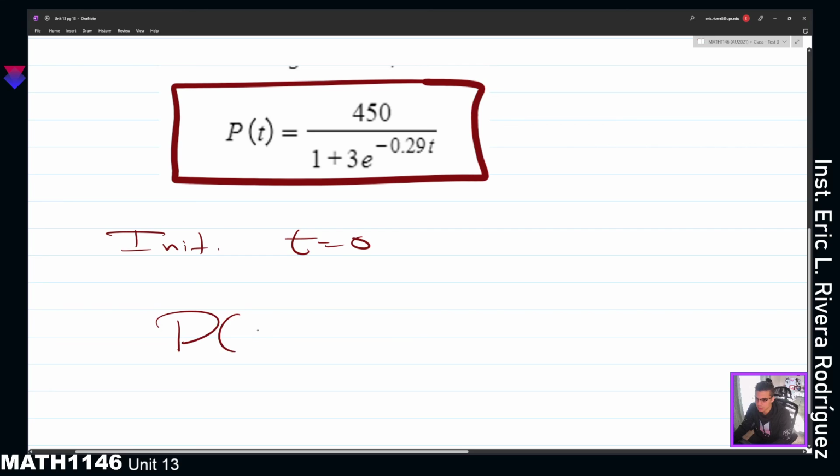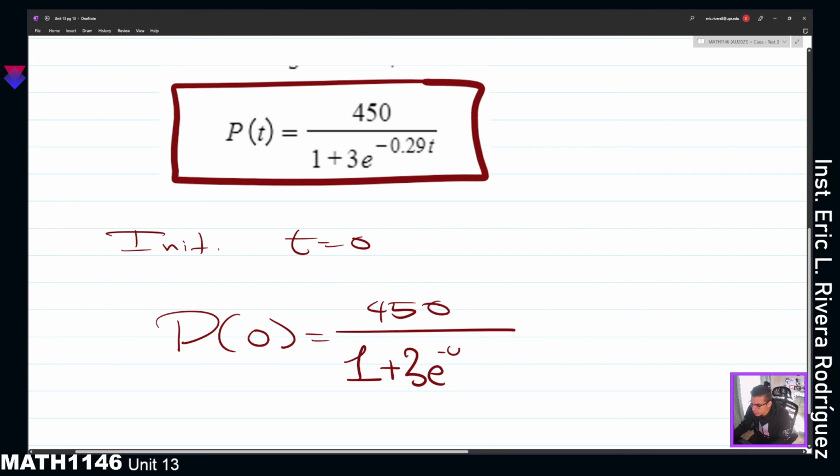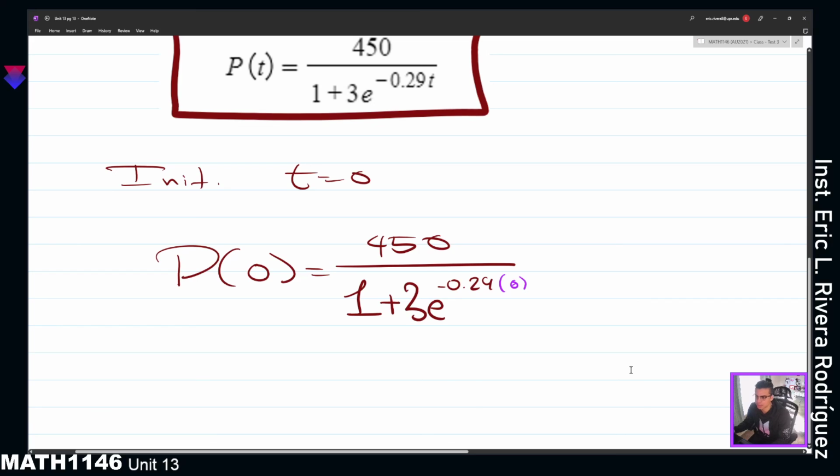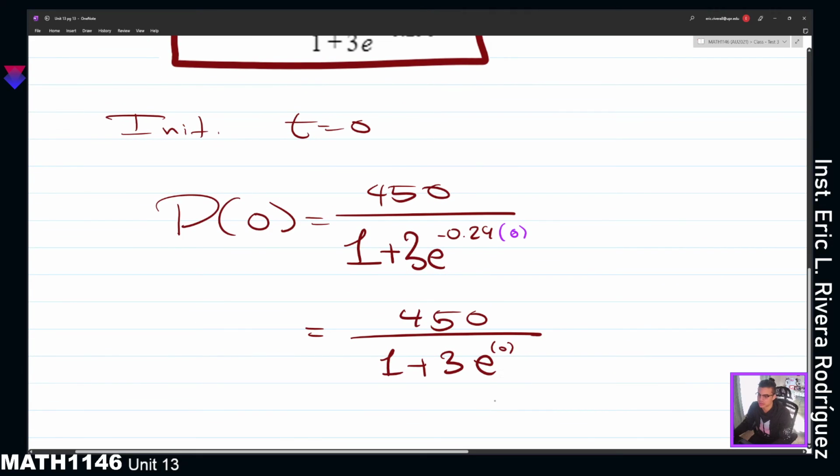So P of 0 equals 450 over 1 plus 3e raised to the power of 0.29 times 0. And that's the important part here, because that 0 makes the entire exponent equal to 0. So e raised to the power of 0, that's just 1.